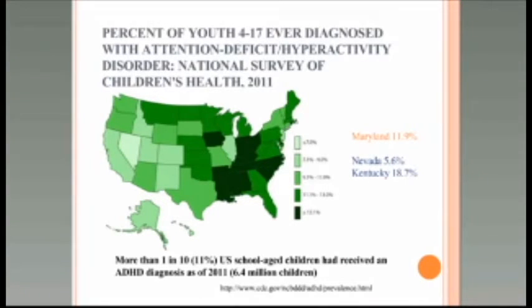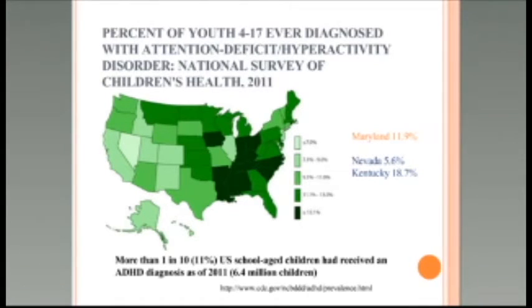This slide shows you the percent of school-aged youth that were ever diagnosed with ADHD, according to the most recent National Survey of Children's Health, which was done in 2011. So you can see here, this is where the 11% number came from in terms of current prevalence across the country. But obviously, there's quite a bit of variation. This figure shows you a map of the United States with color coding for prevalence.